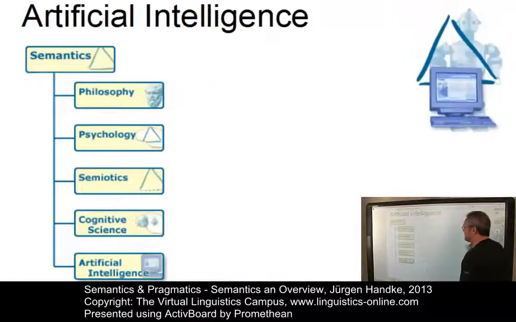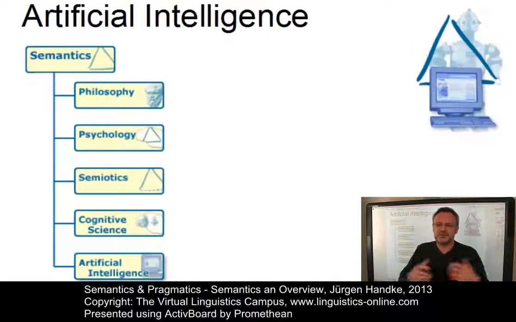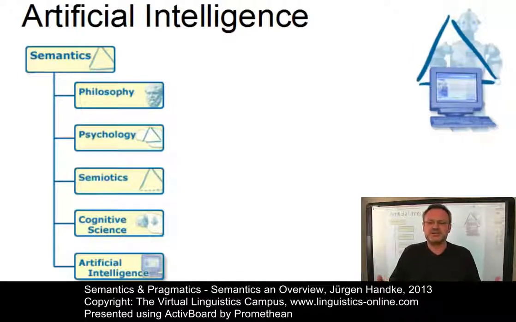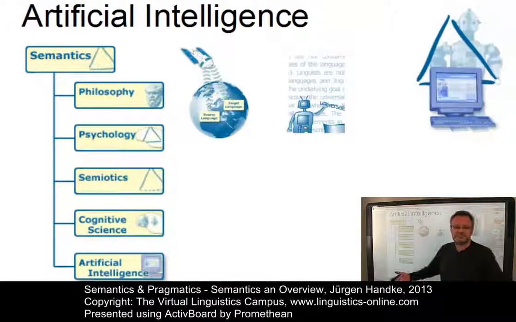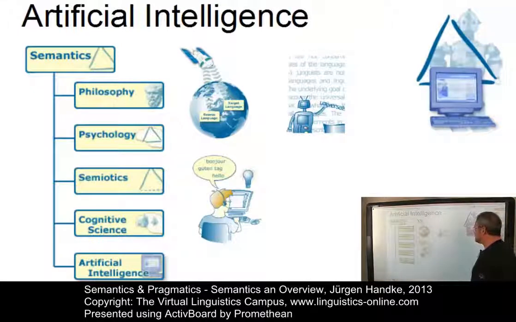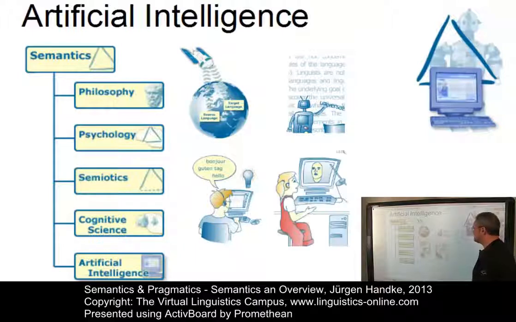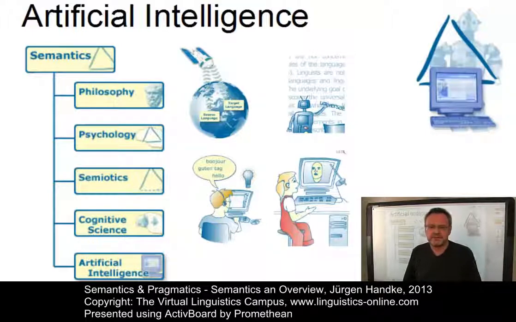Here is the last field I would like to discuss: artificial intelligence. Now, artificial intelligence has been defined as the science of making machines do things that would require intelligence if done by humans. This includes the ability to handle language in applications such as the following: machine translation, information extraction and retrieval, man-machine interfaces, and intelligent tutoring.